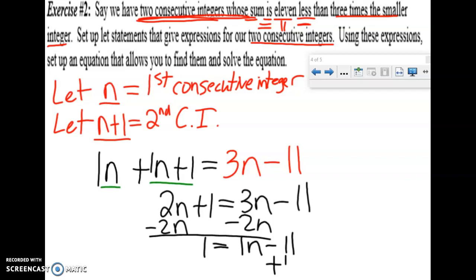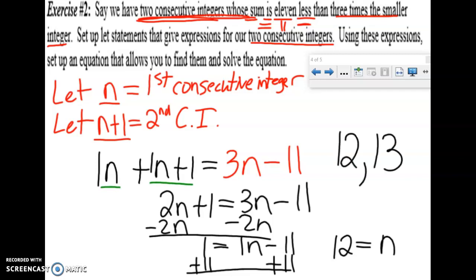Pretty simple from here. Property of equality, we want to add 11 to both sides, and then 1 plus 11 is 12, so 12 is the first number. And then all we have to do to find the second number is add 1 to that. So the two numbers that we were looking for that are right in a row, 12 and 13.